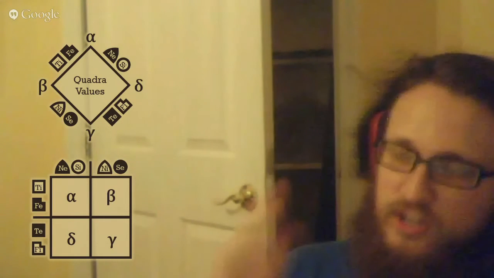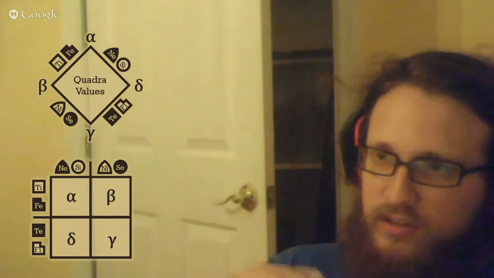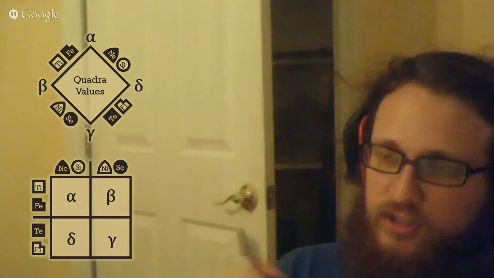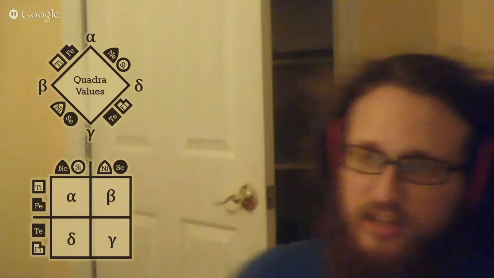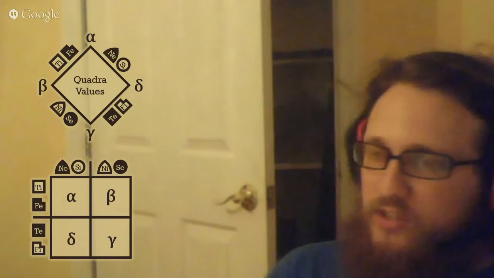And given this dyad, you fall on one side of it, and then you fall on one side or the other of the rational dyad, and taking together these scales, if you will, determine quadra.